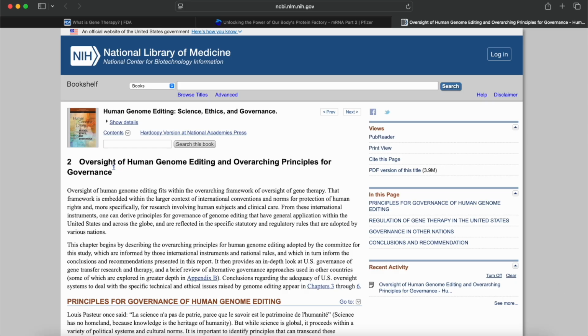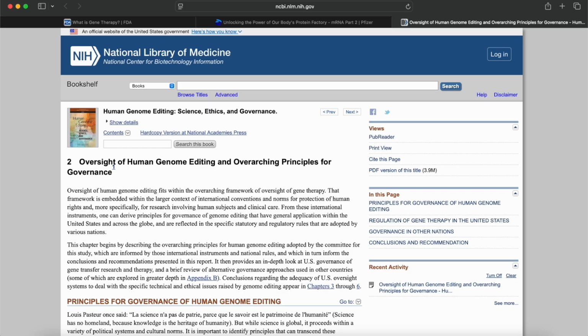Oversight of Human Genome Editing and Overarching Principles of Governance. Oversight of human genome editing fits within the overarching framework of oversight of gene therapy. That framework is embedded within the larger context of international conventions and norms for protection of human rights, and more specifically, for research involving human subjects and clinical care.